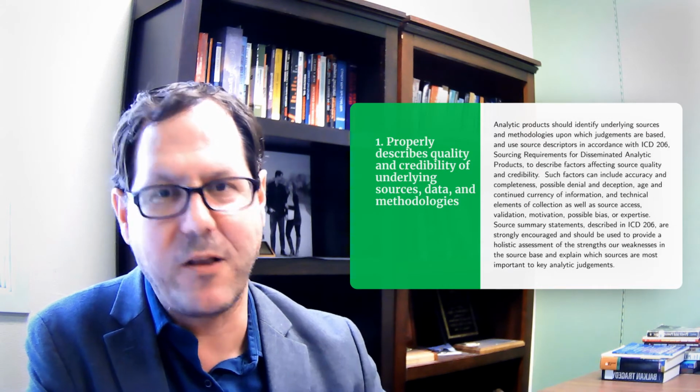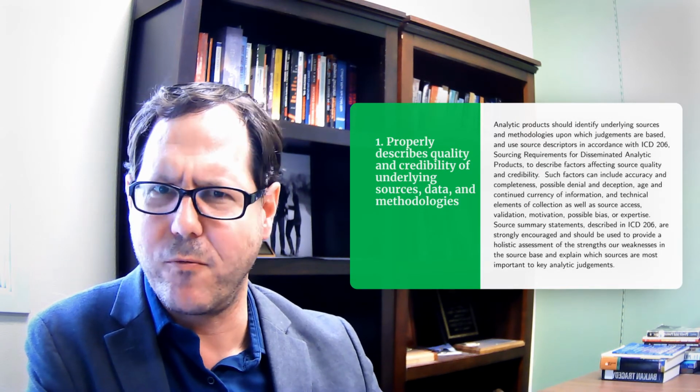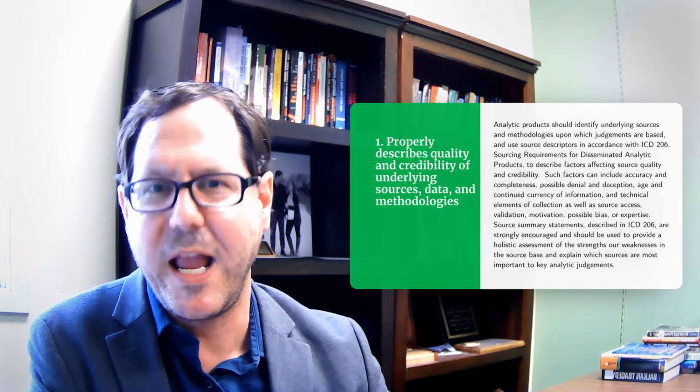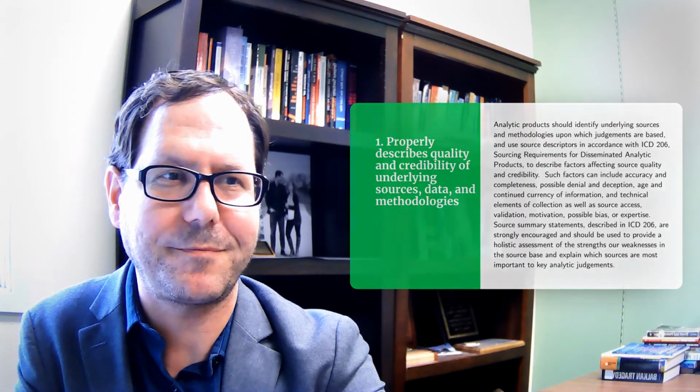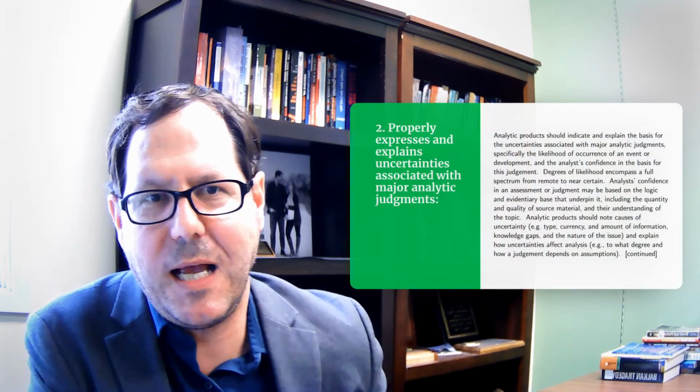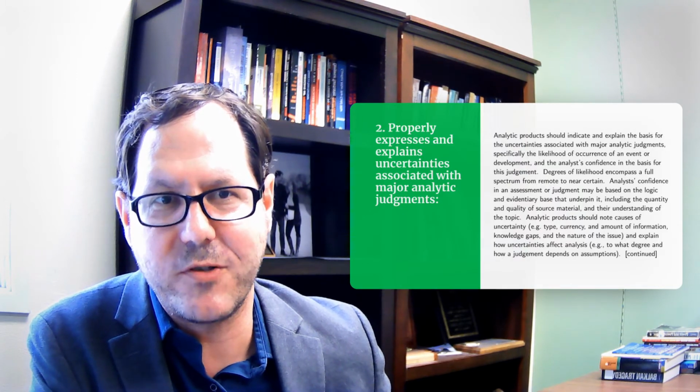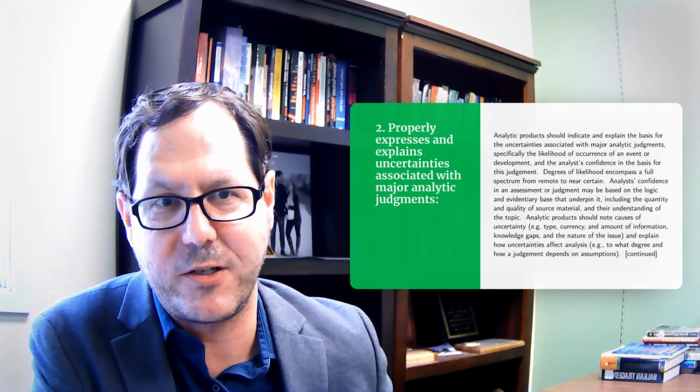So being clear about your sources, being critically reflective of your sources, and communicating that information to policymakers is good practice. Second piece: properly expresses and explains uncertainties associated with major analytic judgments.